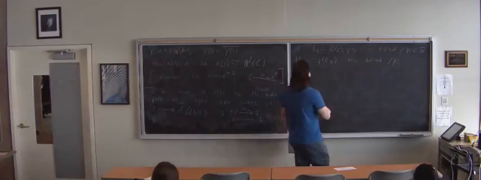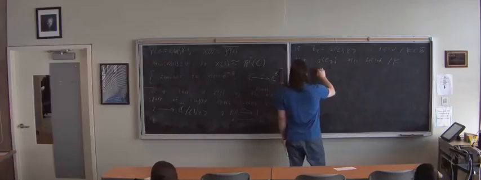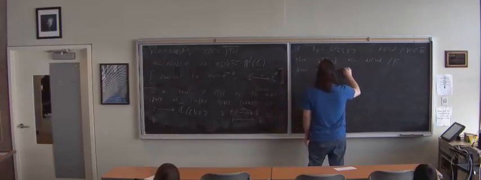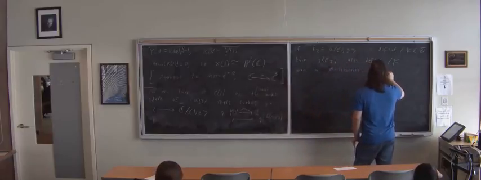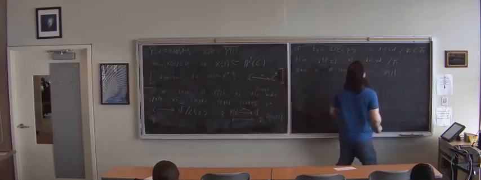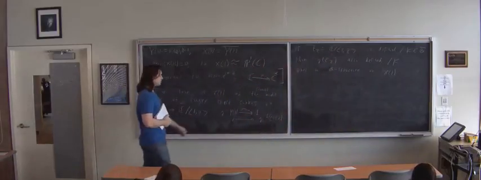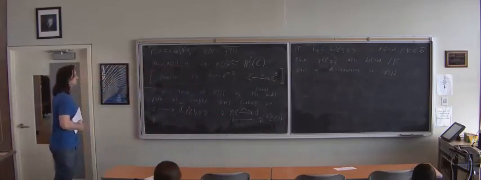Okay? So this gives a natural Q structure on X1. You can think of it as an algebraic variety over the rational numbers using J as a coordinate. Okay?